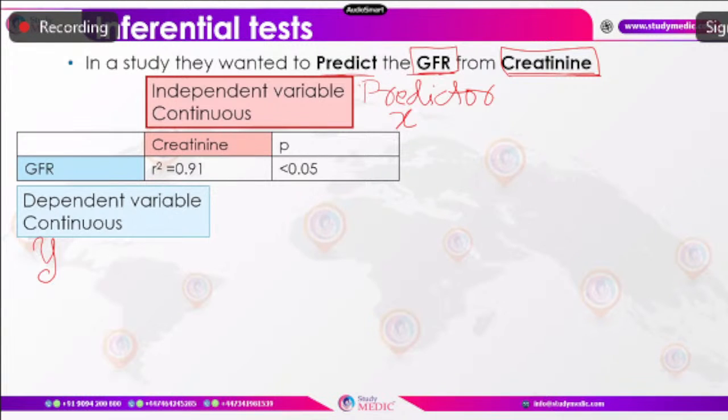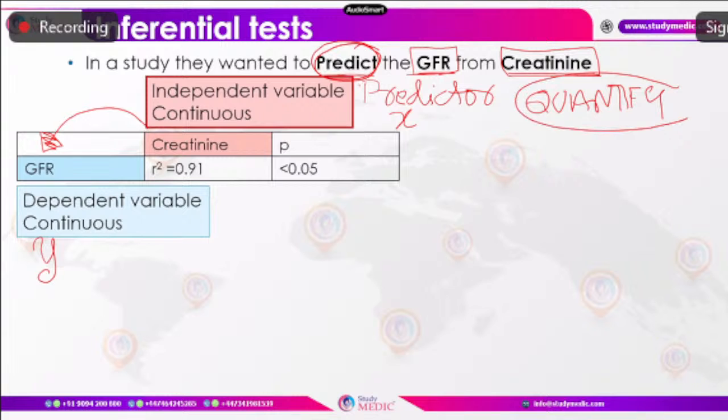So in this situation, when we want to predict or find the effect of one on the other, that means if you want to predict GFR from creatinine, or if you want to quantify the effect of change in, for example, creatinine on GFR.